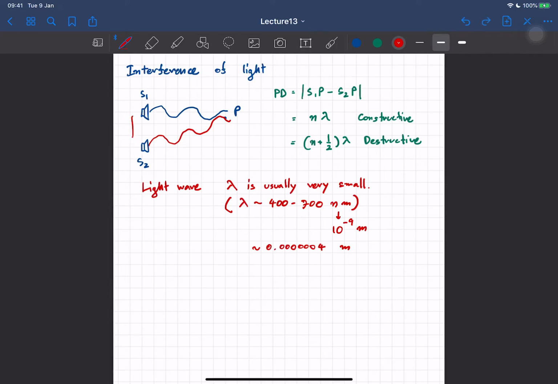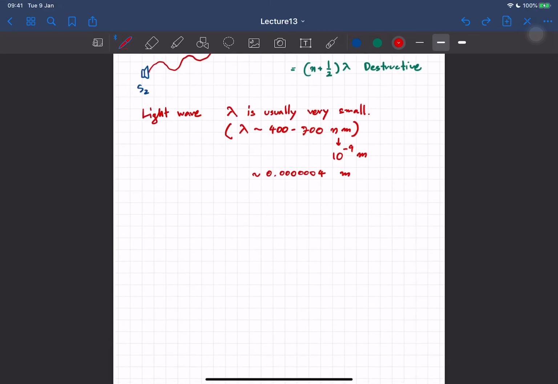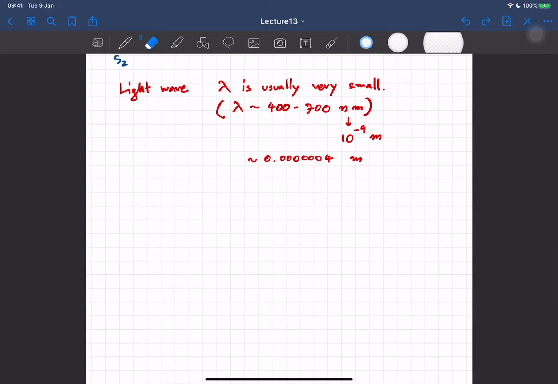Okay, so most of the time we do this by using what we call a double slit. And again, the reason behind the necessity of using a double slit is just from the fact that the wavelength of the light is just so small. What is a double slit?